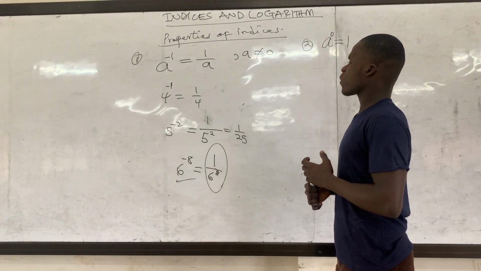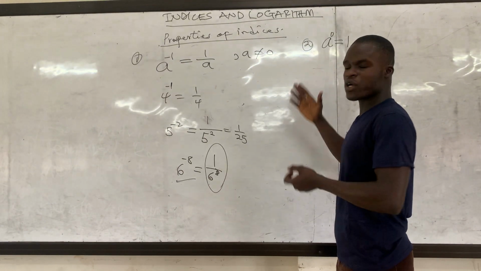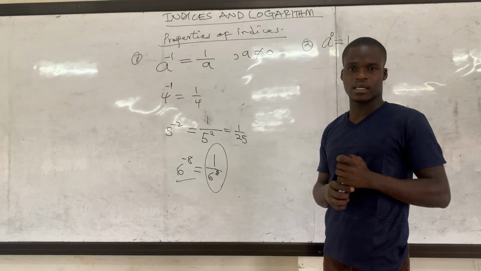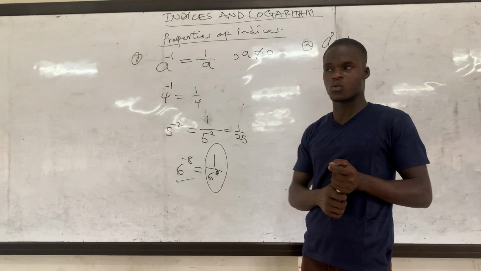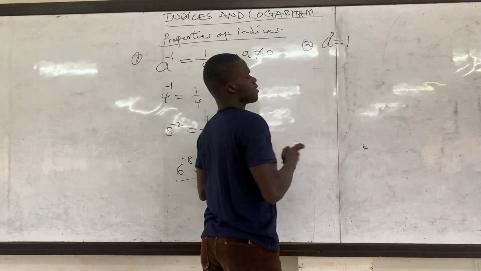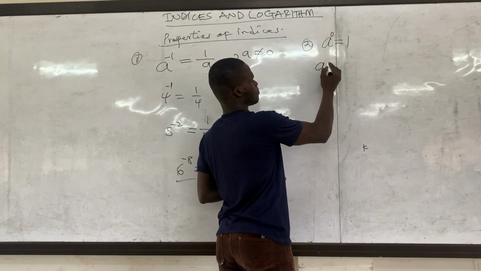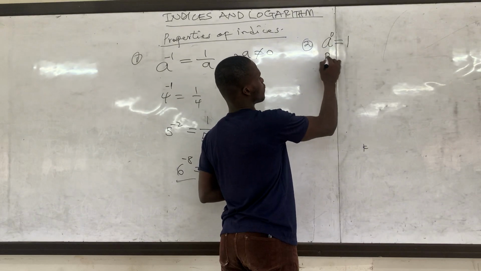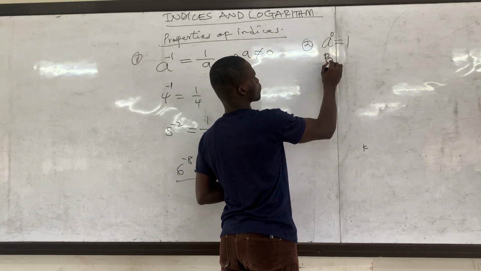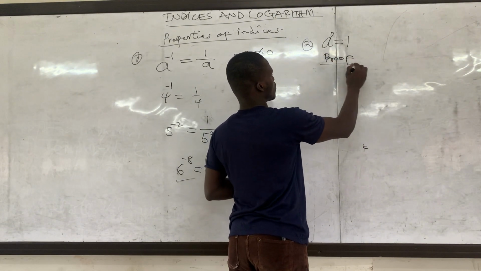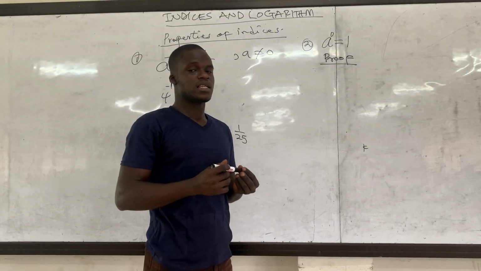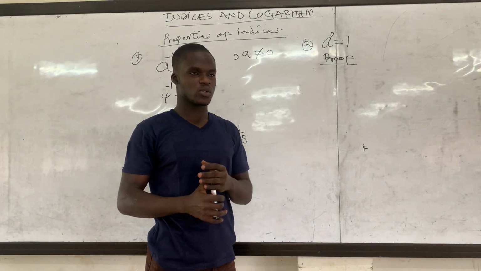So let's see if we can prove that this is actually the case, that any number exponent 0 is equal to 1. So let's take something like a exponent n. So let's say the proof. We want to be able to prove that any number exponent 0 should be equal to 1. That's what we are about to do.